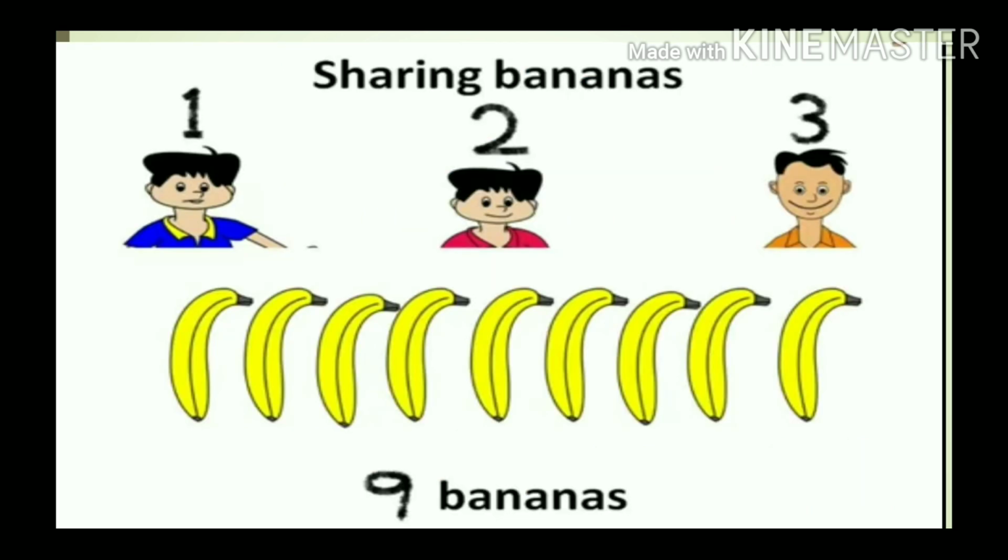Now let's see an example. Here, sharing bananas. We can see there are 9 bananas which we have to share amongst 3 students. The first is Rahul, second Rohan, and third is Gopal. Now how can we share the bananas equally among all 3 children?